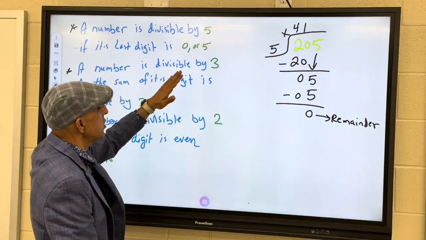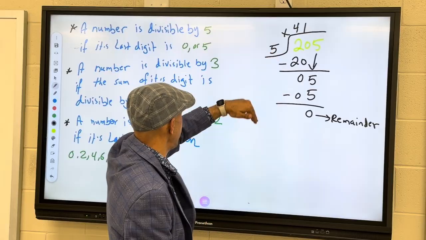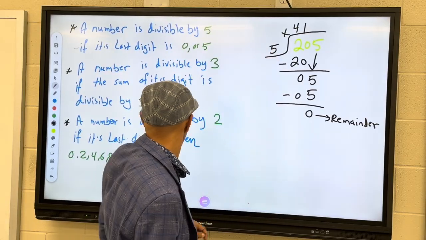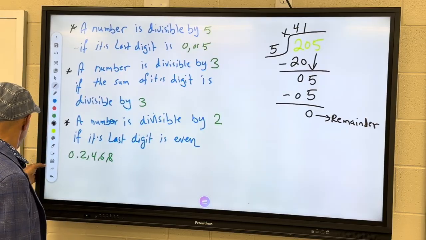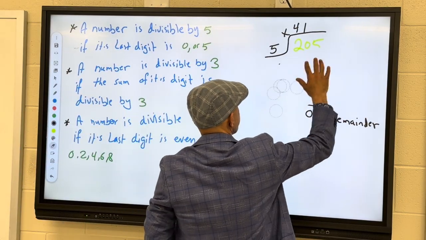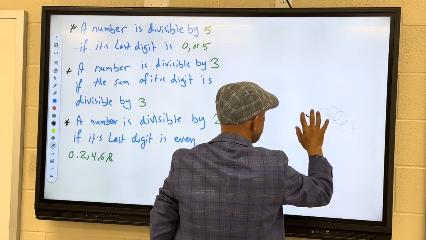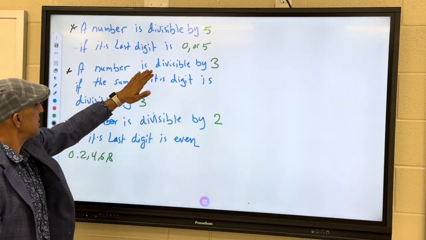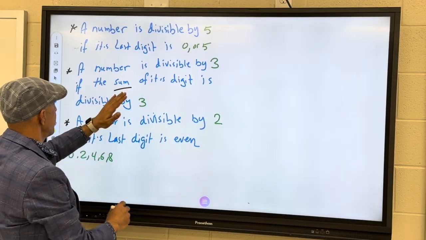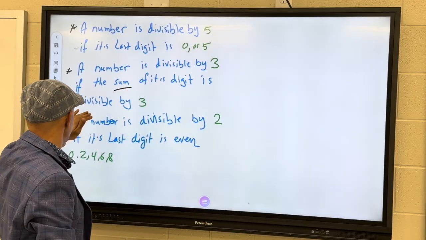You can do the same thing with any other number ending with 0. For the second basic, a number is divisible by 3 if the sum of its digits is divisible by 3.